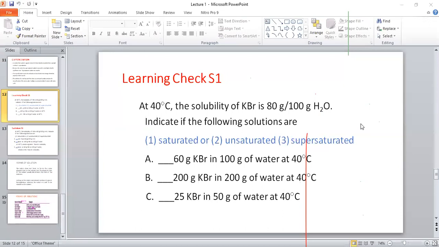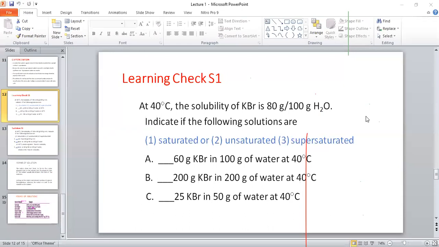Well, let me put it right again for you, although I'll still give you the answers in the next slide. We're looking at 100 grams of water. So if 200 grams of potassium bromide is in 200 grams of water, what of in the 100 grams of water that we're looking at? That is the solubility we're looking at.